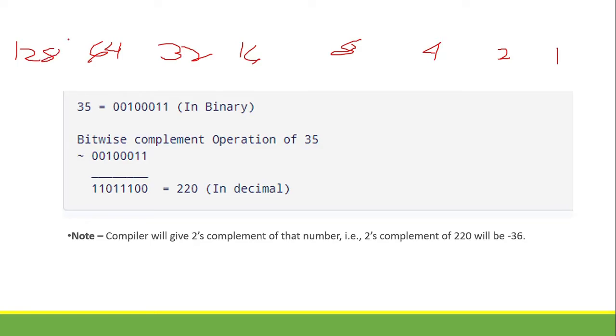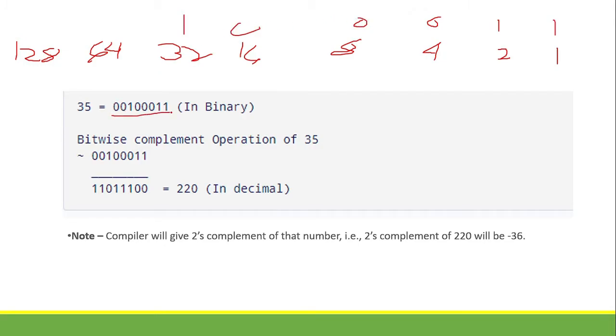So, paano ba nag-operate itong si bitwise complement? So, gawin muna natin binary si 35. So, pinakamalapit kay 35 si 32. 35 minus 32 is equal to 3. Pinakamalapit kay 3 si 2. 3 minus 2 is 1. 1. So, 0, 0, 0. So, this is the binary.